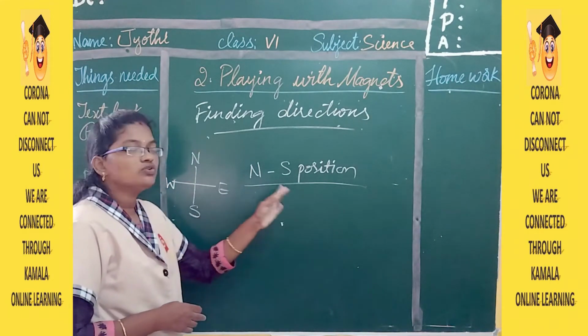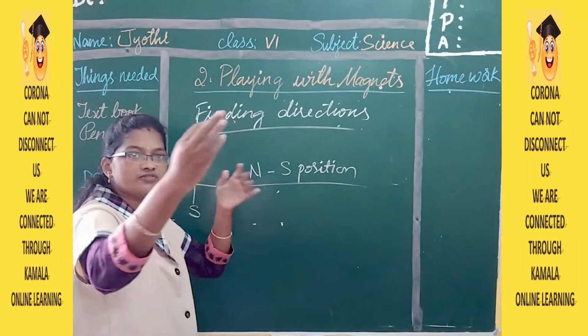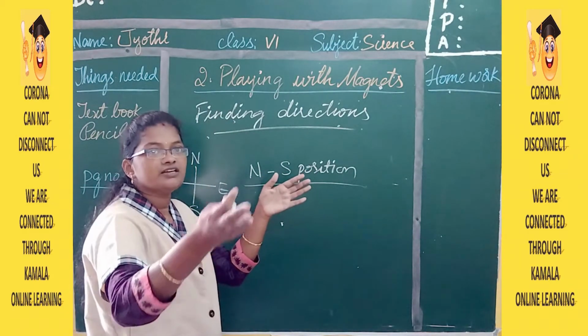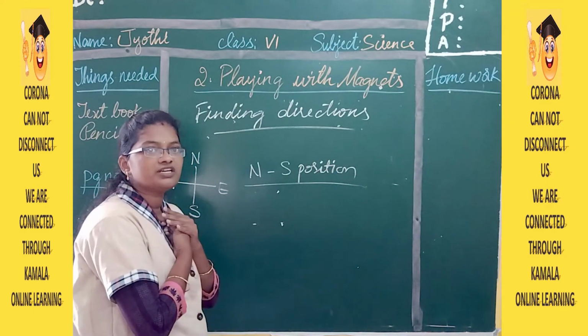Opposite to the east side, like a cross, it is going to be. Suppose if I am on the east side, then north would be in front of me and I would be facing the south.